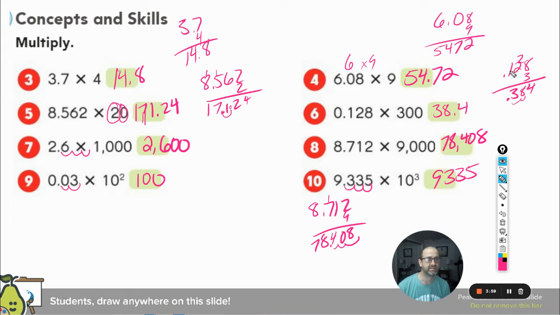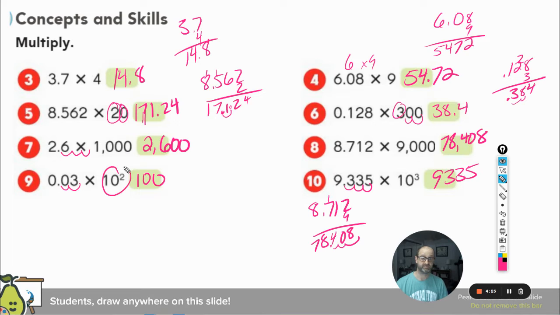Right here, same idea. I did the 128 thousandths times 3. This is going to be 384. And then I moved it, so that was the times 3. And then I moved the decimal 2 places for the 100, and I got 38.4. Multiply by 1,000, move your decimal 3 places.